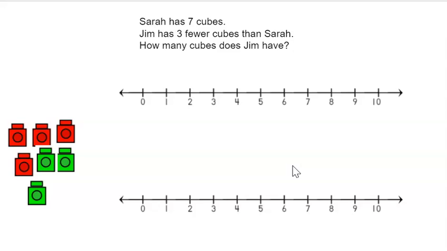Can we represent that on our number line? So Sarah has 7 cubes. Jim has 3 fewer cubes than Sarah. So let's take 3 cubes away.